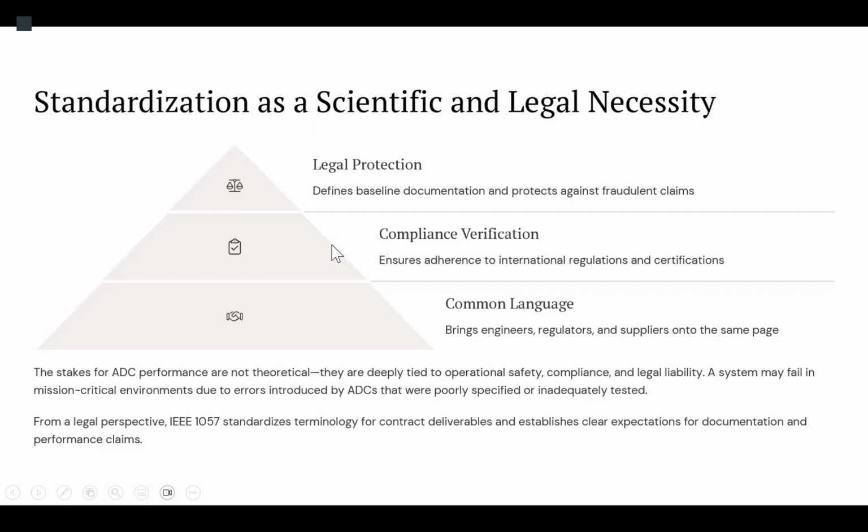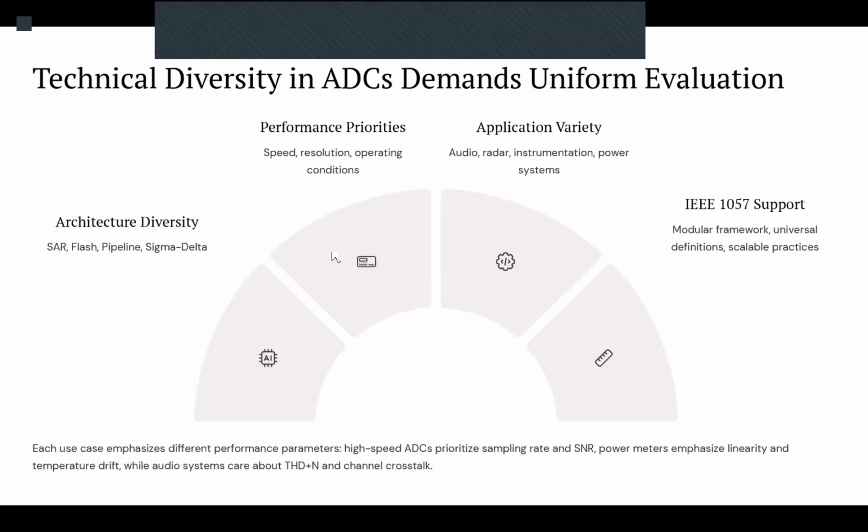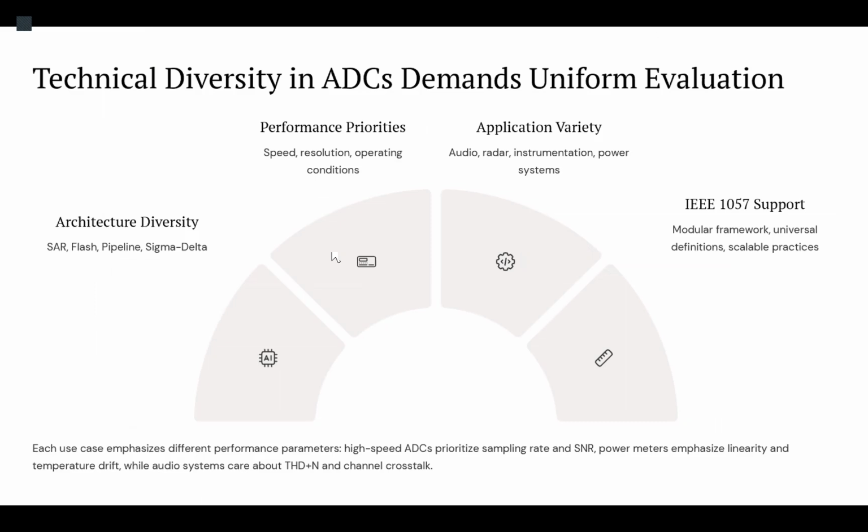Now, as we said, ADCs have different architectures, and each architecture has its own unique sensitivity to the parameters, with significantly different behavior and performance. Some ADCs are optimized for higher speed applications, like flash or pipeline.